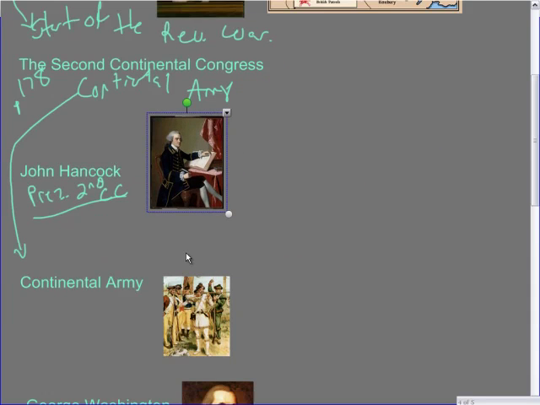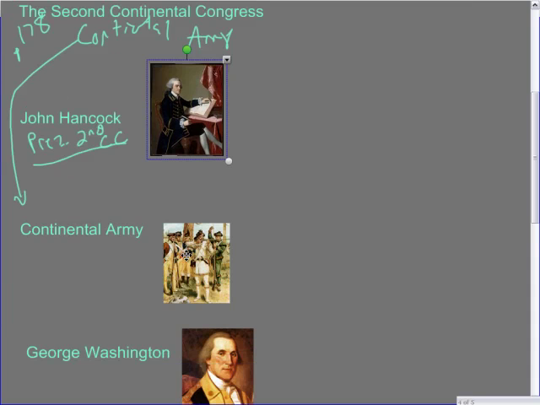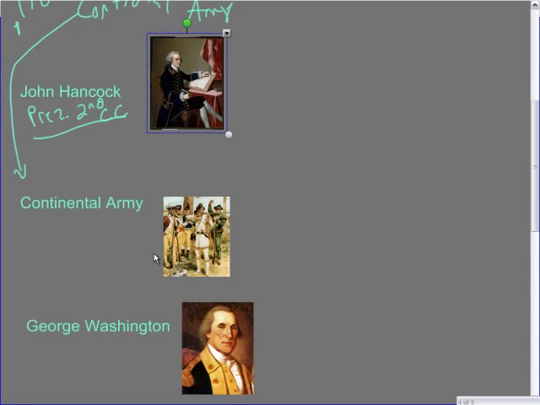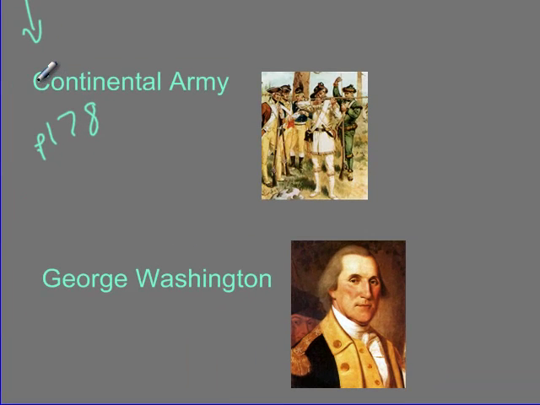But the Second Continental Congress is going to be America's government throughout this war, and they actually create the Continental Army. They talk about the Continental Army on page 178 as well. And the other thing that the Second Continental Congress does is they put George Washington in control of the Continental Army.